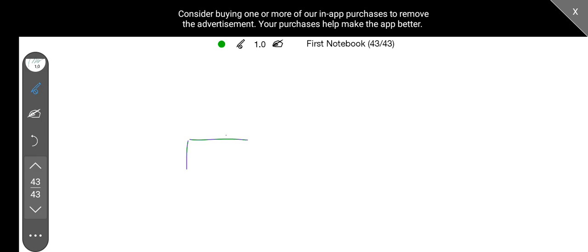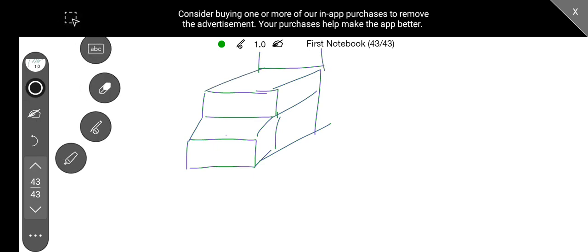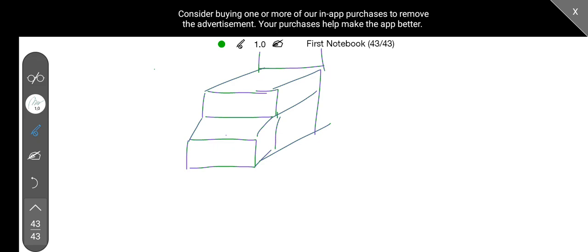We have the first one, which is like this, and then we're going to have the second, and the second one will be like this. And then as they are carrying on going up, we're going to have another one there, and then we're going to have 3 layers.